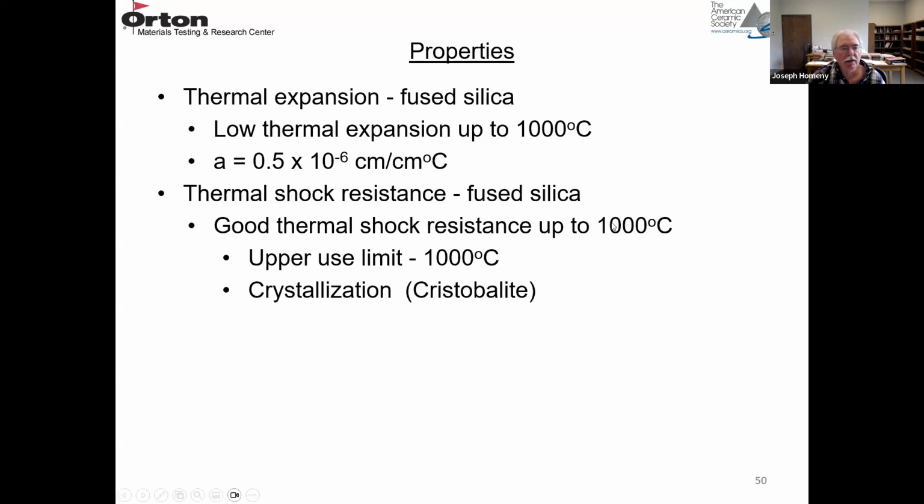That's about 13 times 10 to the minus 6 centimeters per centimeter degree C. So this is extremely low thermal expansion. The problem is above 1,000 degrees C, it starts reverting back to cristobalite and tridymite.